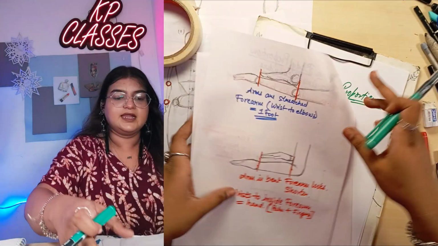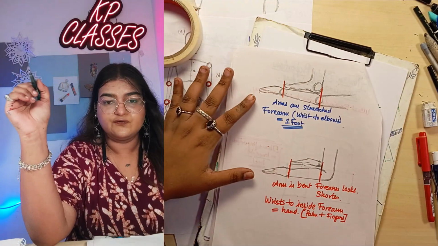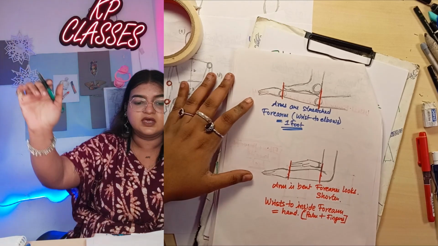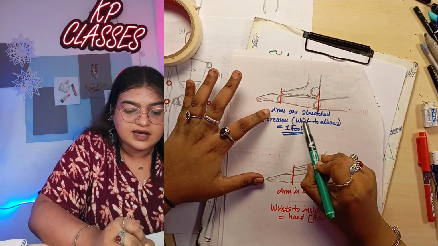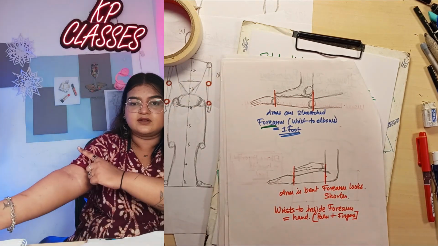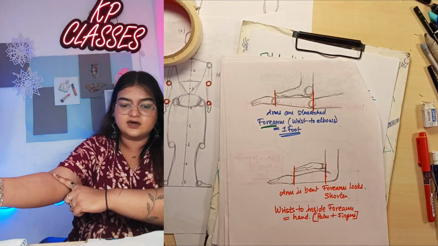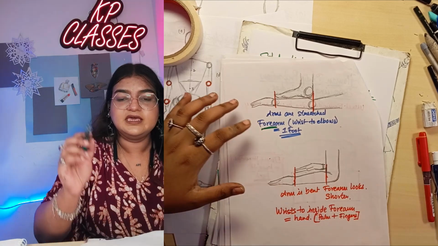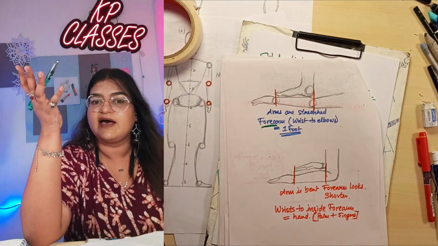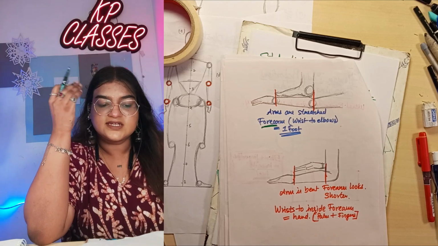Whereas the second pointer we have: the arms are stretched. If the arms are stretched, your forearm, which is your wrist to your inner elbow area, will be equal to just 1 foot. Again, it seems very illogical. Why are we even getting such reminders?